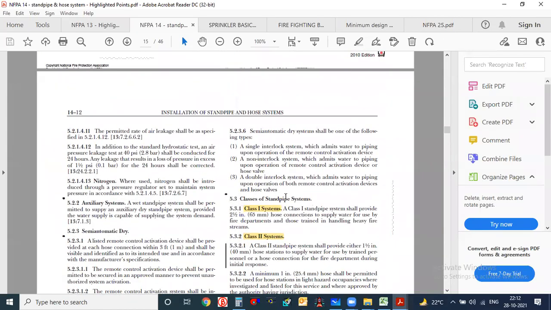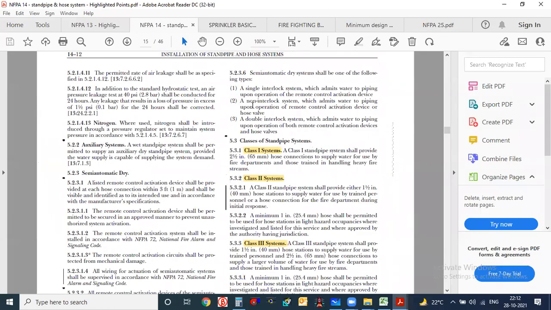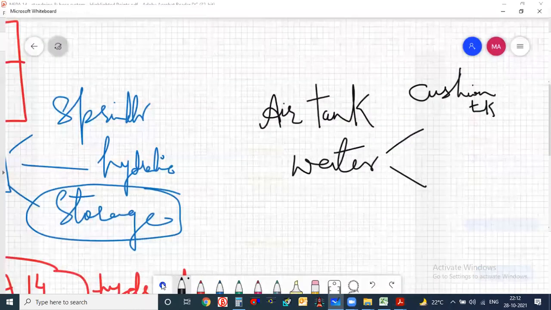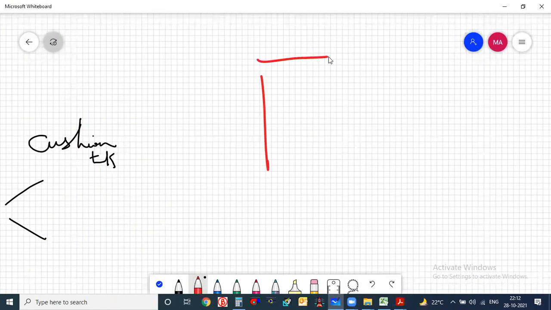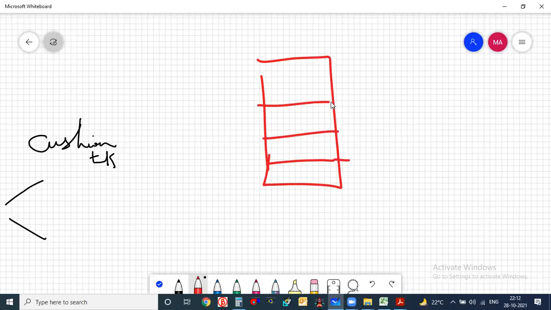And here they have given the classes of standpipe system. Now standpipe system is nothing but the hydrant system only. Sometimes it is called a standpipe system also. How to understand the meaning of standpipe system is simple. Suppose this is my building and these are the floors, for example.